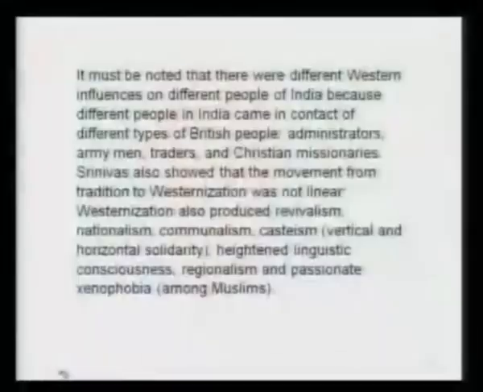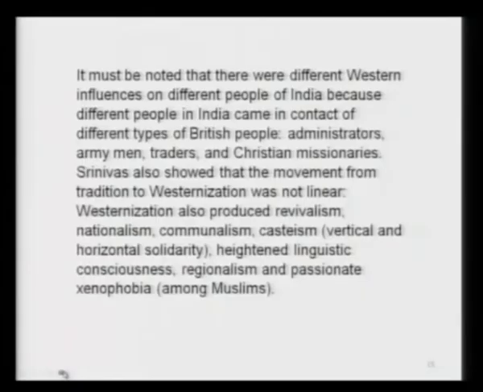It must also be noted that there were different western influences on different people of India. Everybody did not westernize in the same way, because they came in contact with different types of British people: administrators, army men, traders, Christian missionaries. Srinivas also showed that the movement from tradition to westernization was not linear, that you start with tradition and then become more and more western or more and more modern.